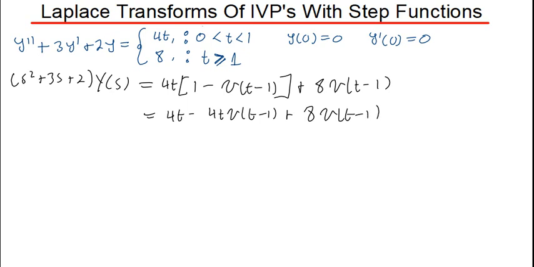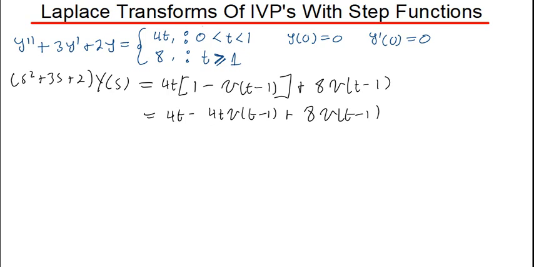Now we need to find the Laplace transform of our unit step function. But before we do that, we need to ensure all the terms are shifted by the right amount. If you observe this part here, I don't need to shift it because it has no t variable, but this one is being shifted by 0, which is correct.